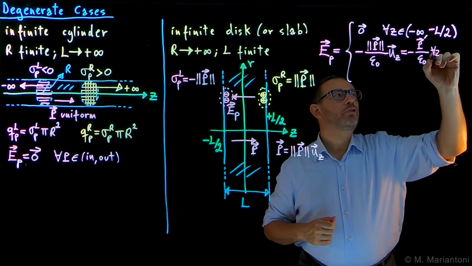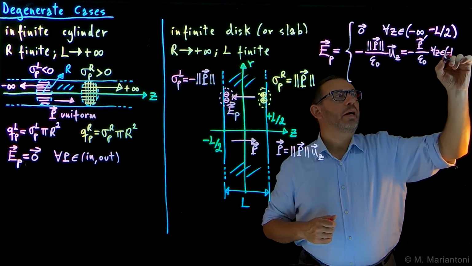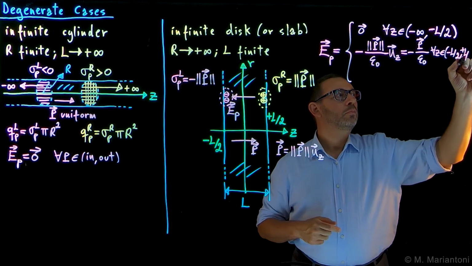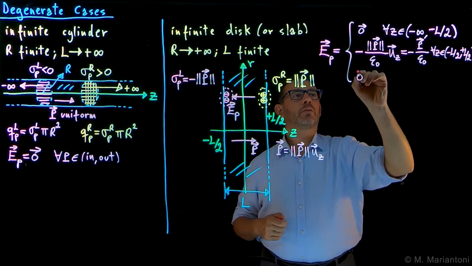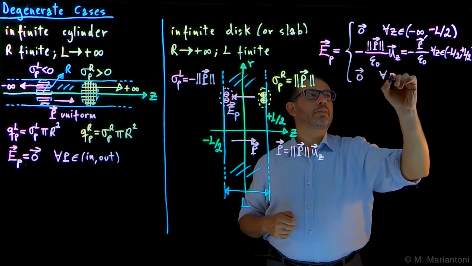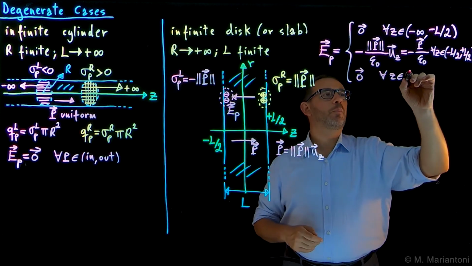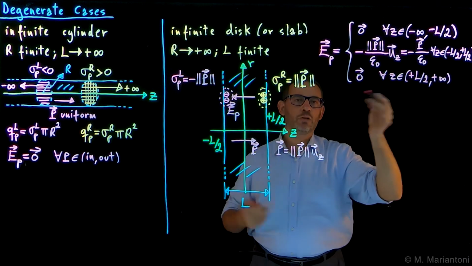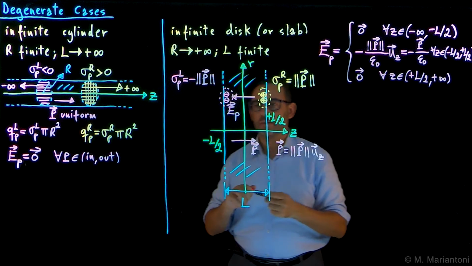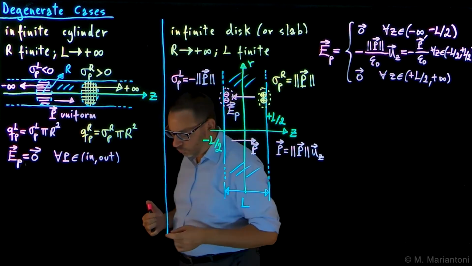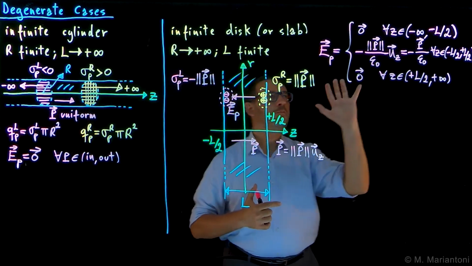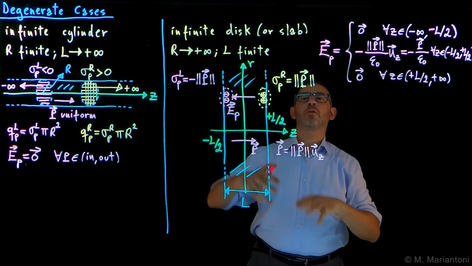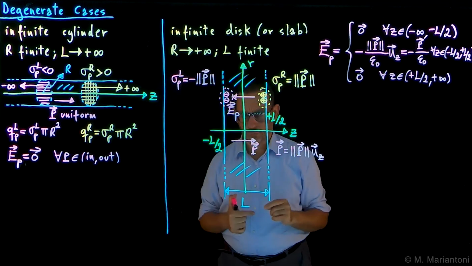This is in the region between minus L half and plus L half, excluded, and is 0 for each point z in the region from plus L half to plus infinity, excluded, because this is a discontinuity of the first kind, so we need to exclude it. Alright, so this is the result for the polarization electric field within this dielectric material, and of course it is 0 outside, as we know.